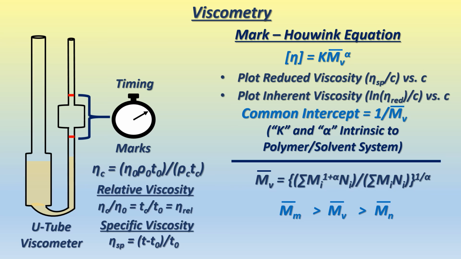Again, this isn't because there's an error, it's simply because the number average molar mass doesn't account for the fact that the smaller weight polymer could be the most predominant species in the sample.